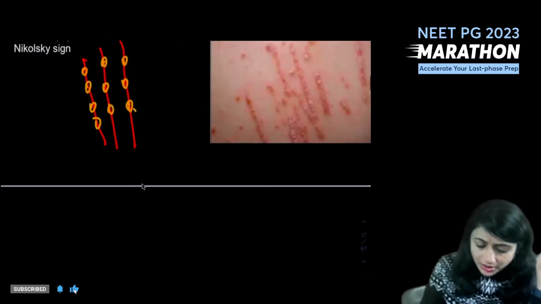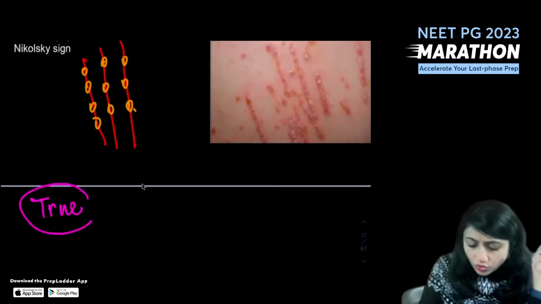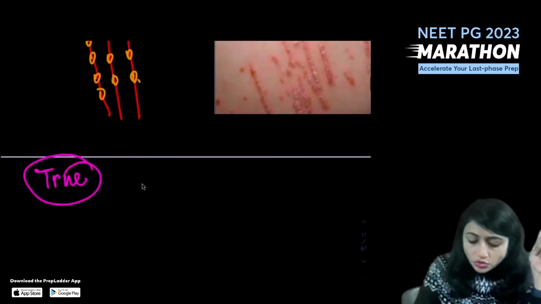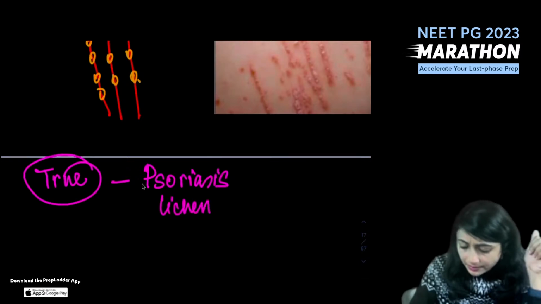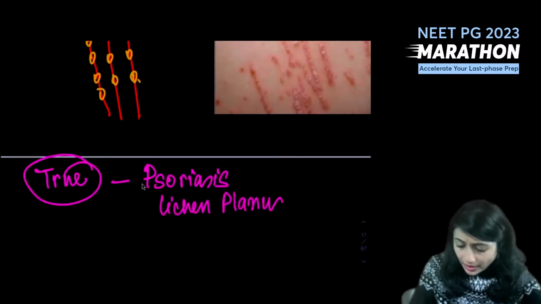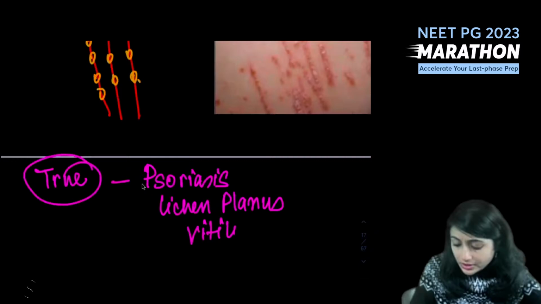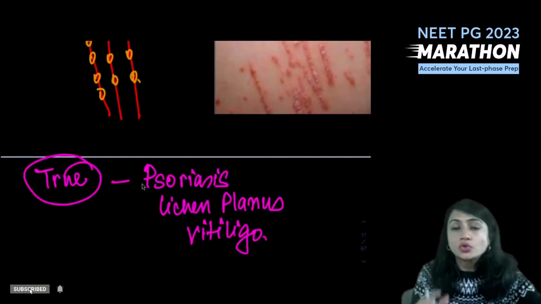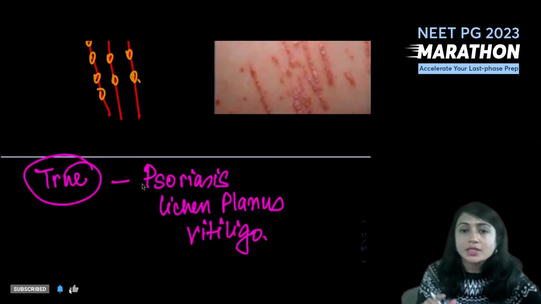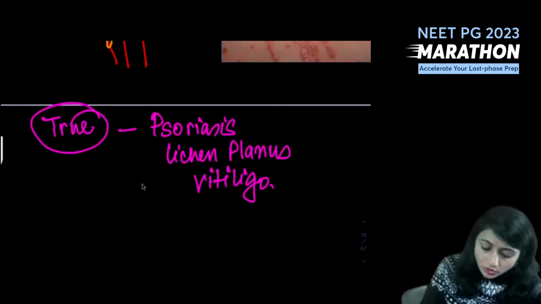Then the next question that is asked is, where do you see true Koebner's phenomenon? True Koebner's phenomenon is seen in psoriasis, lichen planus, and vitiligo, because they can give you an image like this and ask you where you see this phenomenon. So true Koebner's is seen in psoriasis, lichen planus, and vitiligo.